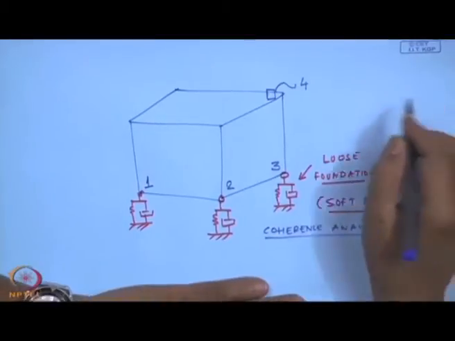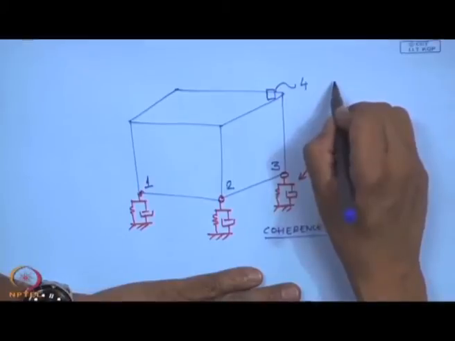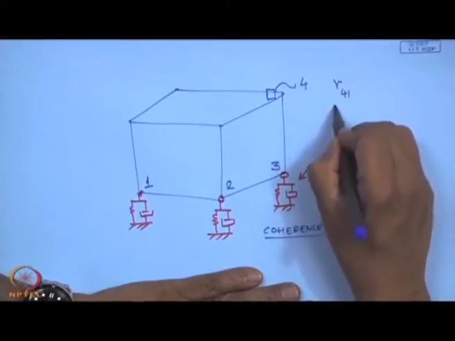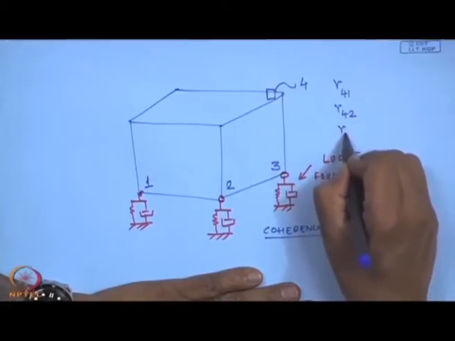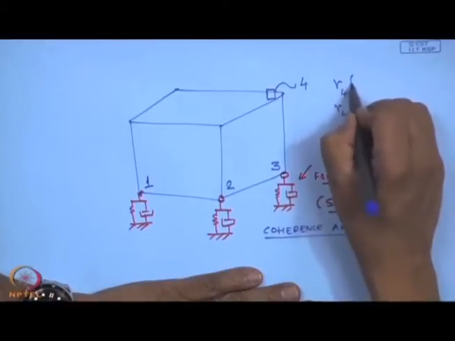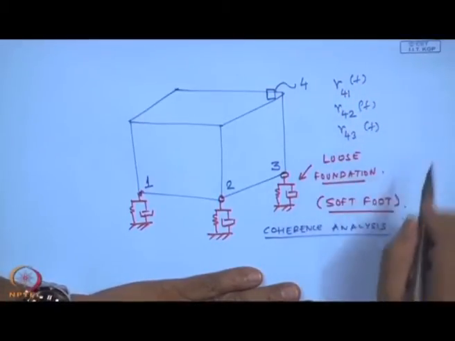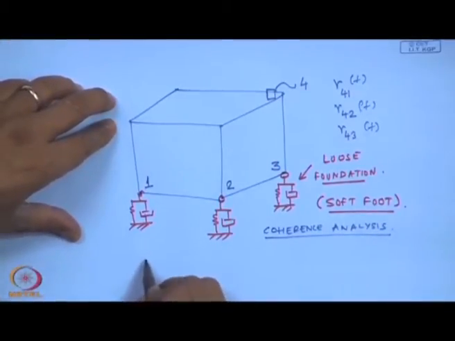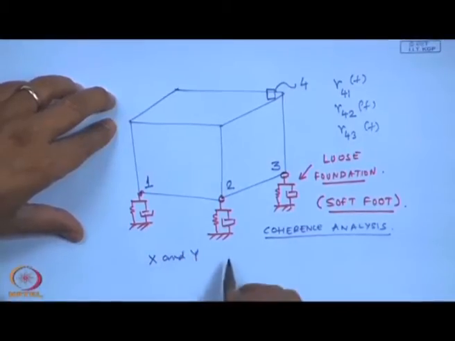So, what I will do between transducers 4 and 1, 4 and 2, 4 and 3, I will find out what is known as the coherence function. And how is this coherence function between any two signals x and y denoted?